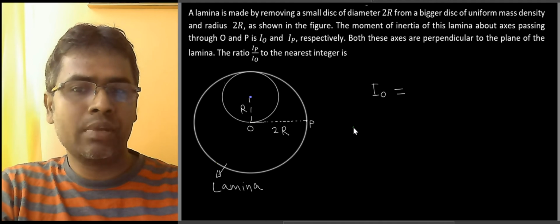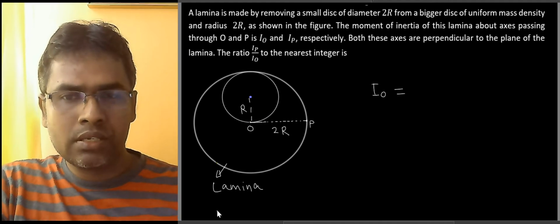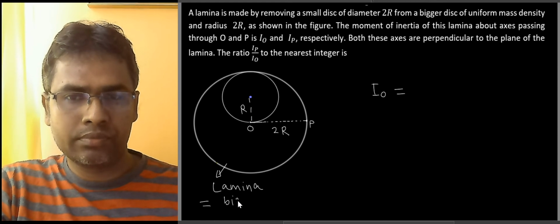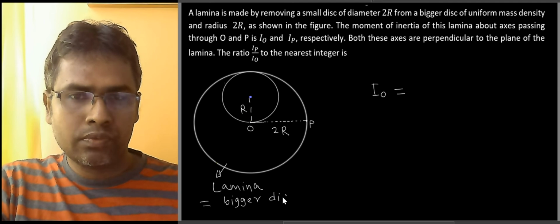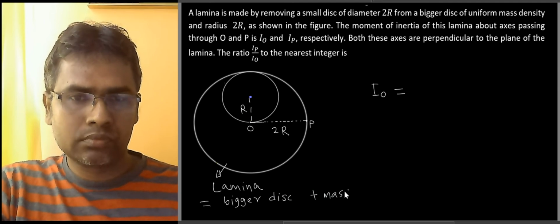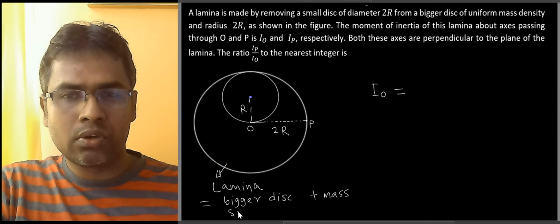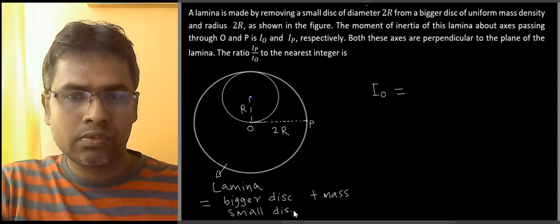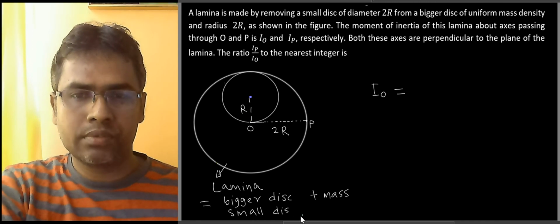So our lamina is thought to be made up of two objects: a bigger disk with positive mass and a small disk with negative mass.